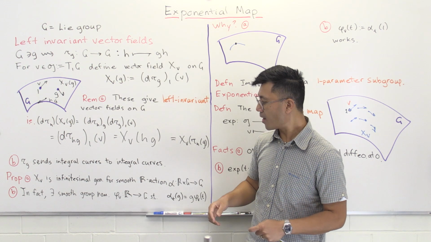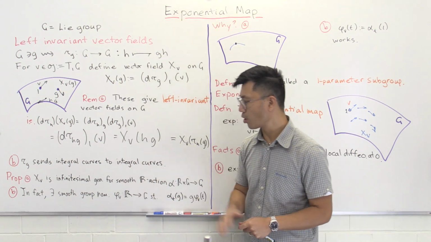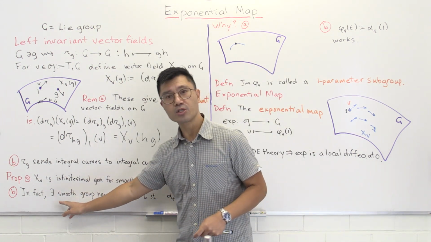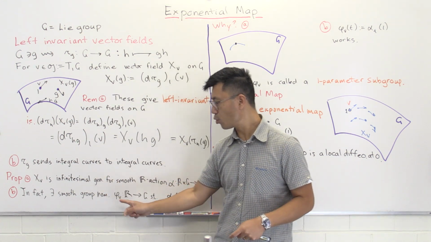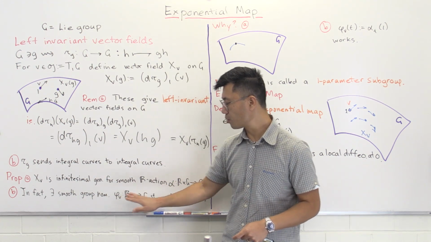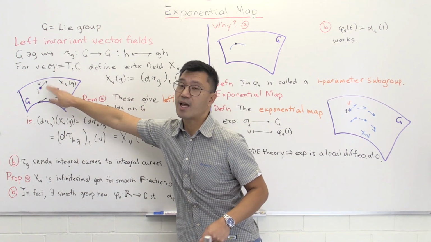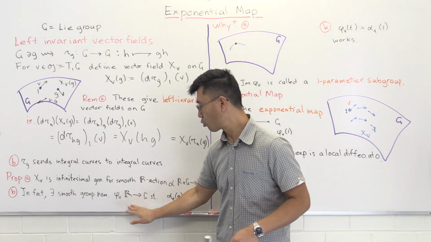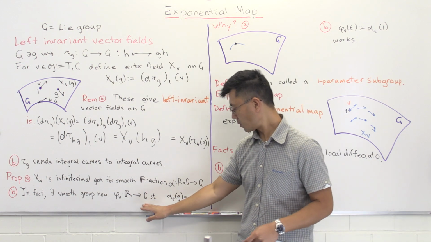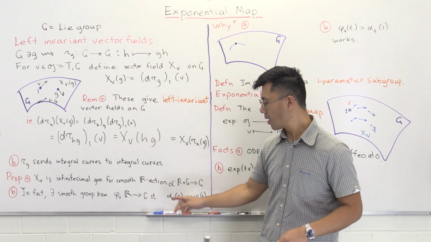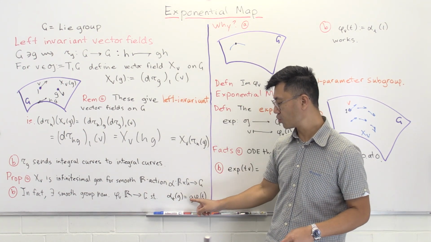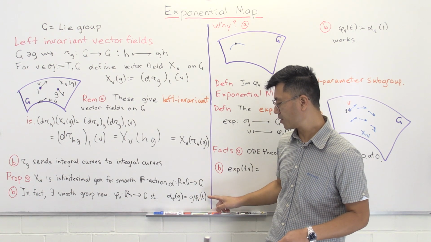Okay, so once we have that, we can talk more about the integral curves. In fact, we can say a little bit more. So we can say that there exists a smooth group homomorphism from the reals to the group, and we'll call this phi v. So we fix the little v, which is this tangent vector here. Smooth group homomorphism. And what property does it satisfy? Alpha t of g is equal to g times phi v of t.